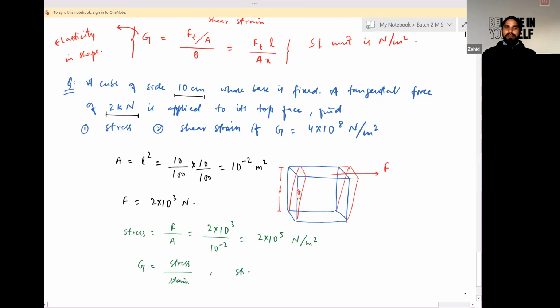So strain equals stress divided by shear modulus. Stress equals 2 into 10 to the power 5, and G equals 4 into 10 to the power 8. So it will be 0.5 into 10 to the power minus 3, and it will be a unitless quantity.